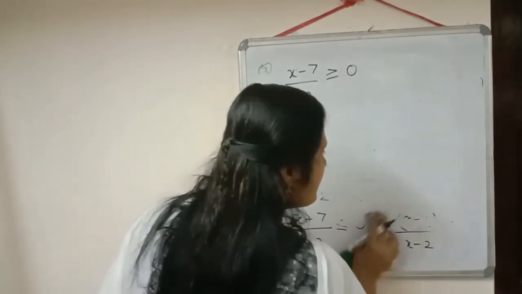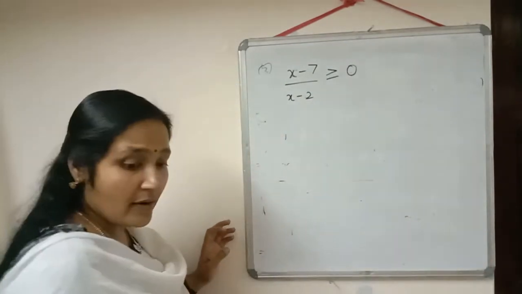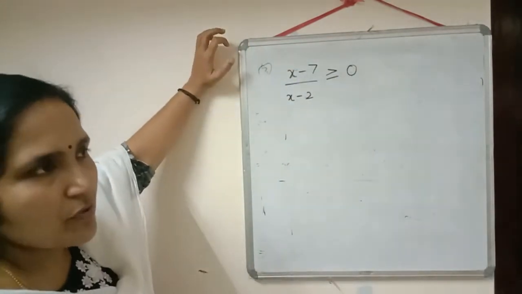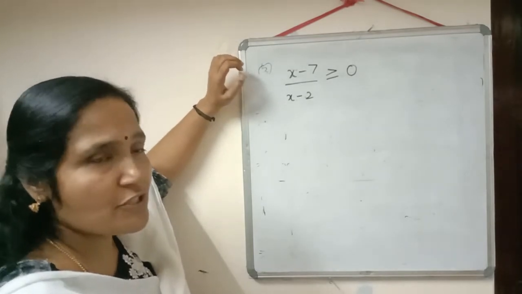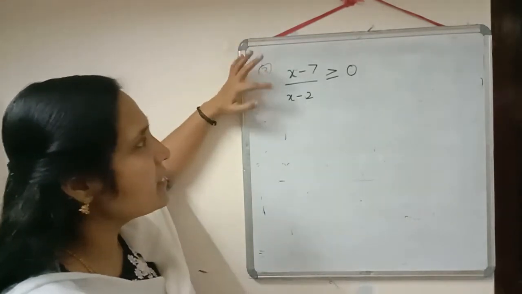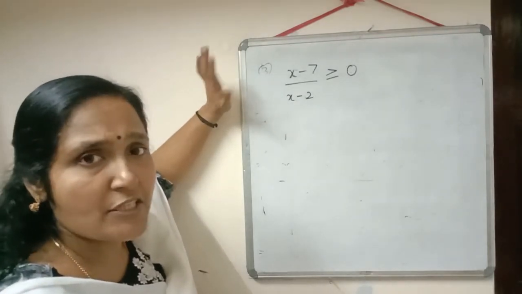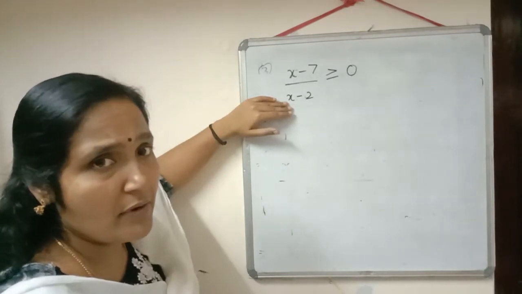So what is the meaning of this? This rational number is greater than 0, or it can be equal to 0 also. So if a rational number is 0, which should be equal to 0, numerator or denominator? We know the condition of a rational number is that the denominator should not be equal to 0.